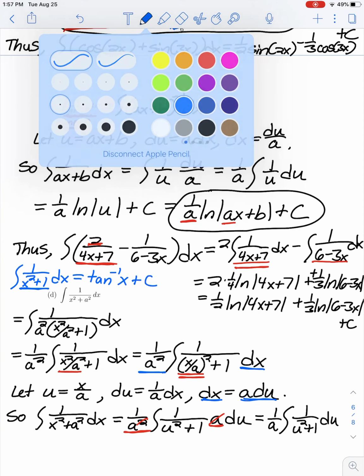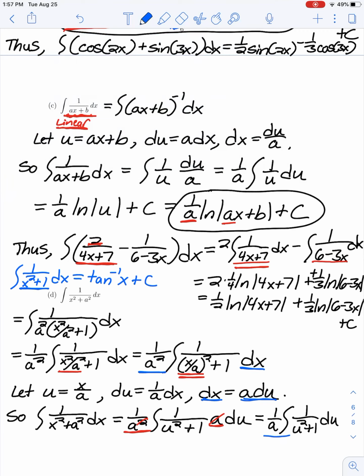And so finally, at this stage, we notice that this integral, or this antiderivative, is exactly the formula for arctangent.